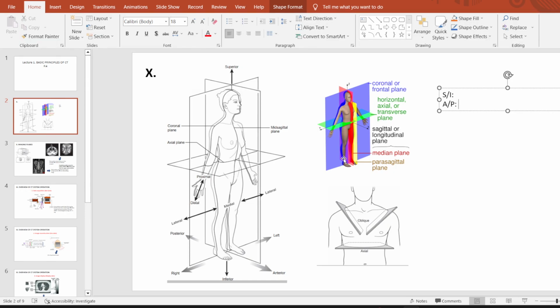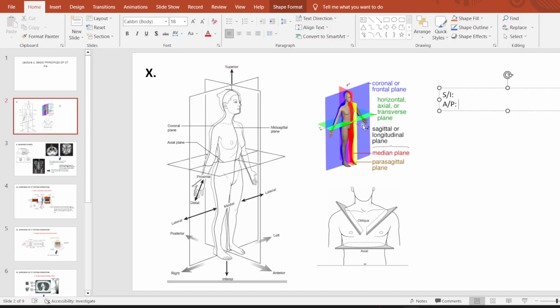Why is it so famous? Because when you are in the CT machine, you lie on the bed, right? And the tube's X-ray beam will be perpendicular to your body, and exactly lies on the axial plane, parallel to the axial plane here.